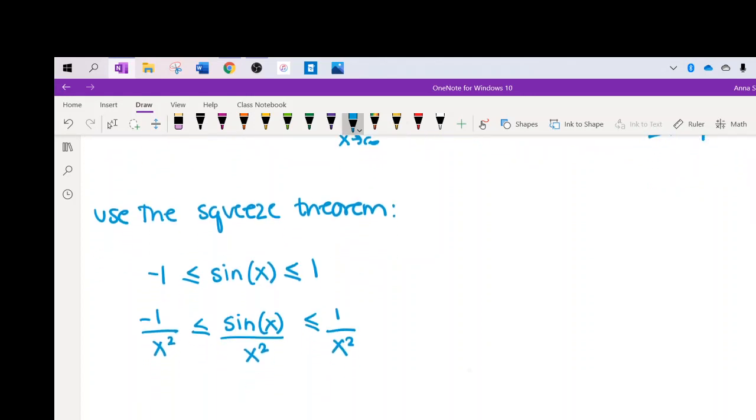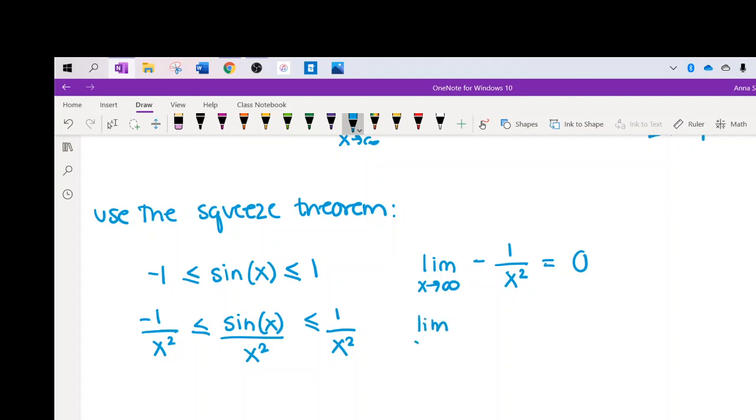And so what we now want to do is find the limits of those two kind of bounding functions. So the limit as x approaches infinity of -1 over x squared, well, that's equal to 0, right? That's one of the cases that we talked about in yesterday's video, where the numerator is just a number and then the denominator is going to infinity.